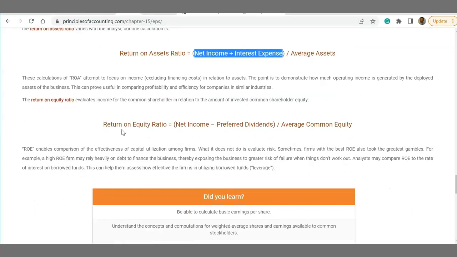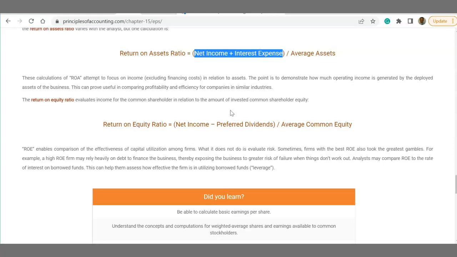Same thing you can compare as a profitability ratio: the return, which is profit, on every $1 of equity. Okay, the return profit is net income, yes, but the company has to pay the preferred dividend to preferred stockholders. That's something they have to pay, right? So net income minus preferred dividend gives you the real income, divided by average common equity, how much dollar equity they have.